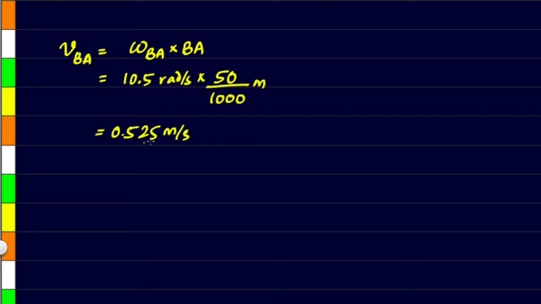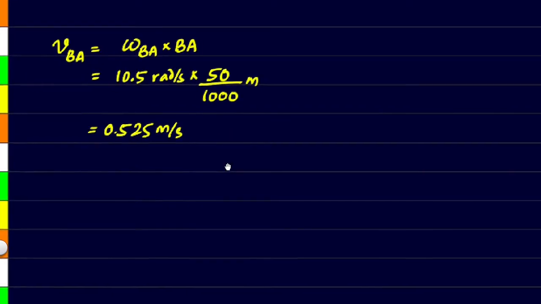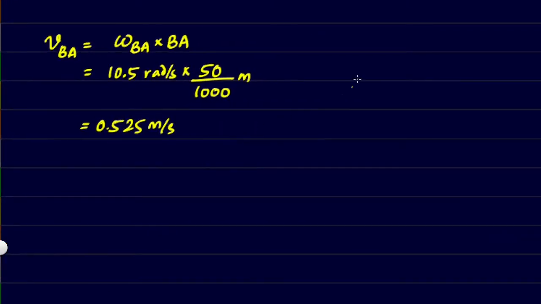So we need to choose some scale for us to actually draw these velocity diagrams, and we'll have to choose it conveniently. So let us go ahead and multiply 10 to this to take it in centimeters. So we were taking it first for velocity of B with respect to A, and the actual velocity is 0.525 in meters per second, and for drawing length we are going to take it as 52.5 mm.